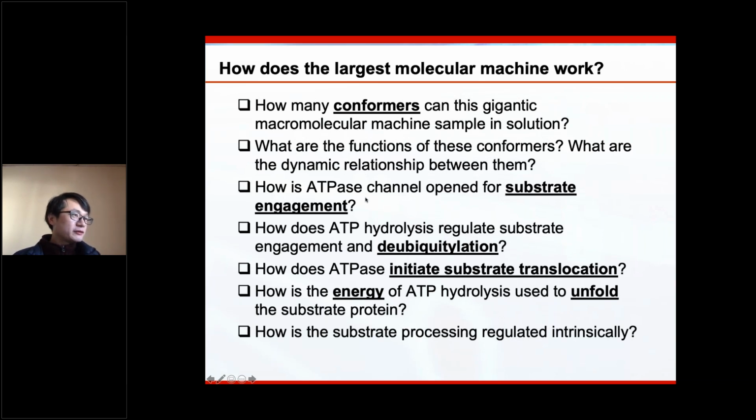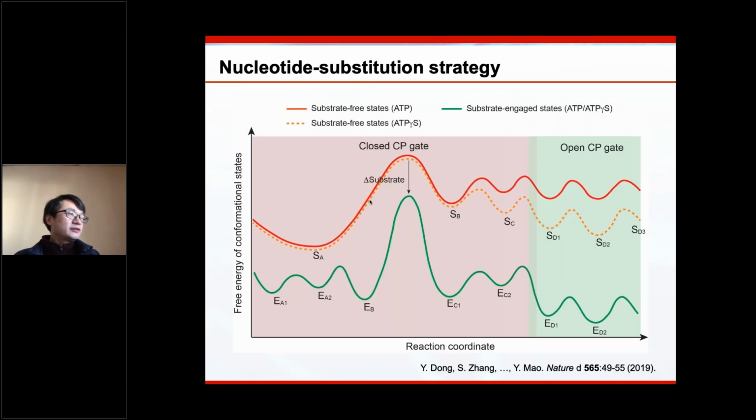How is the ATPase channel open for substrate engagement, and how does ATP hydrolysis regulate substrate engagement and deubiquitination? How does the ATPase initiate substrate translocation? How is the chemical energy of ATP hydrolysis used to unfold the substrate protein, and how is substrate processing regulated intrinsically? All of this can be gleaned from the 3 modes I just showed you.